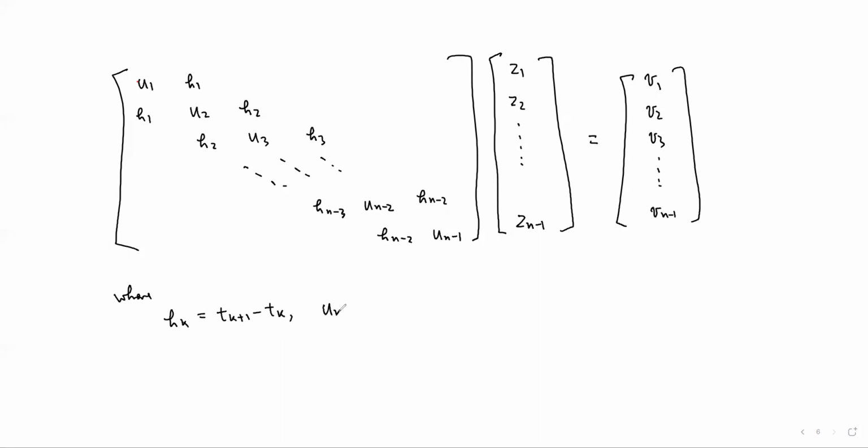Then what is u k? Yeah, u k is this number. Let me define b k as beta k plus 1 minus beta k. Then v is defined here: v k equals b k minus b k minus 1.